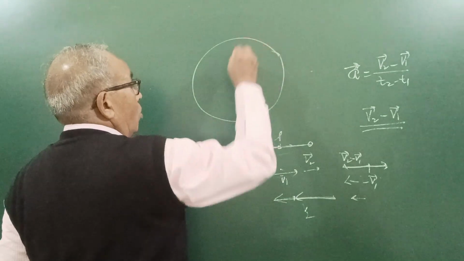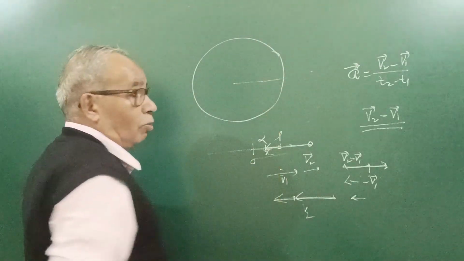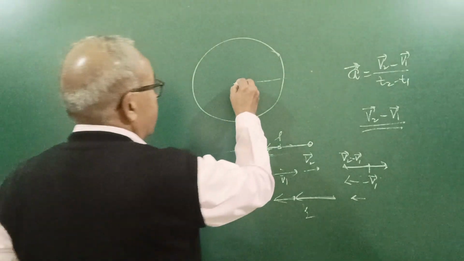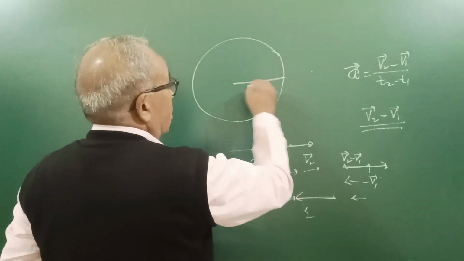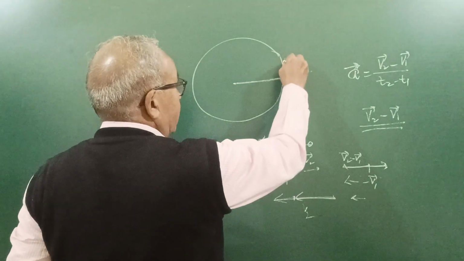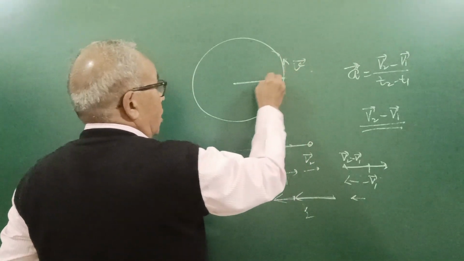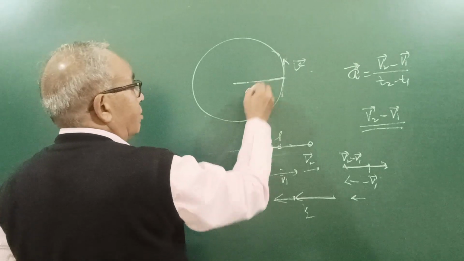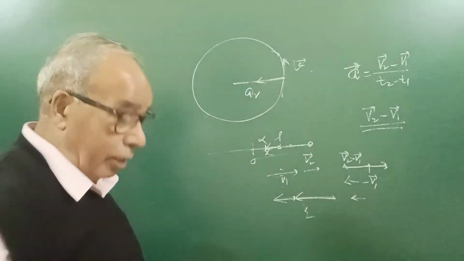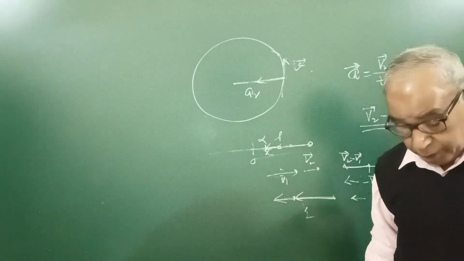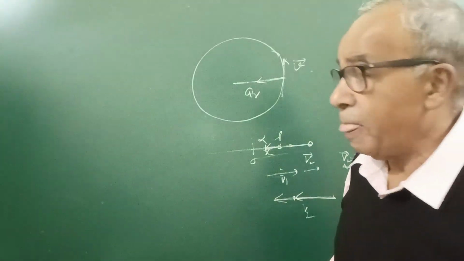If you want to understand again, see the video in which I have taken centripetal acceleration. Body moving this way, constant speed V, velocity along tangent, acceleration, इसको हम radial acceleration कहते हैं. So remember the direction of acceleration is along change in velocity.